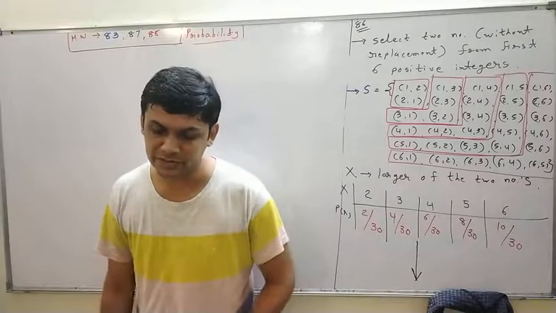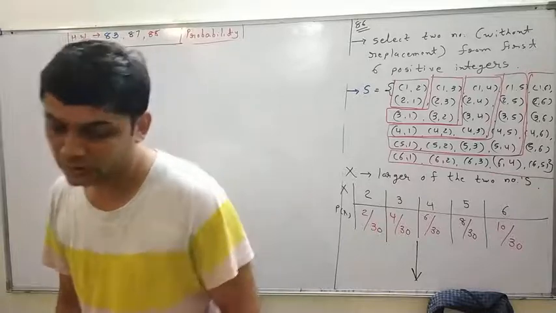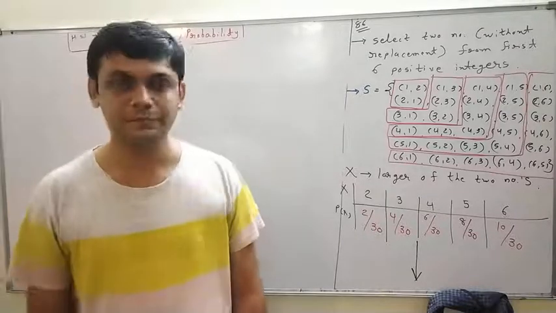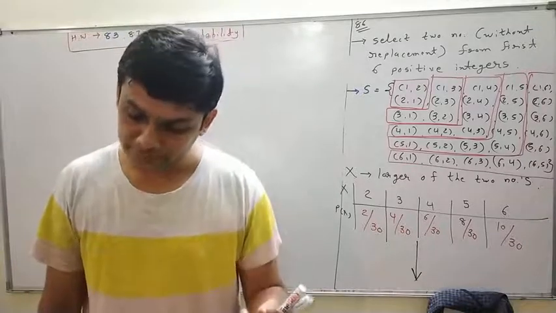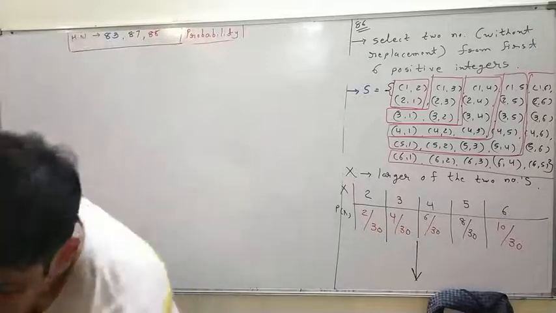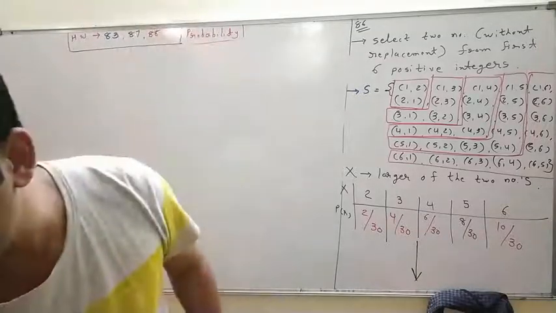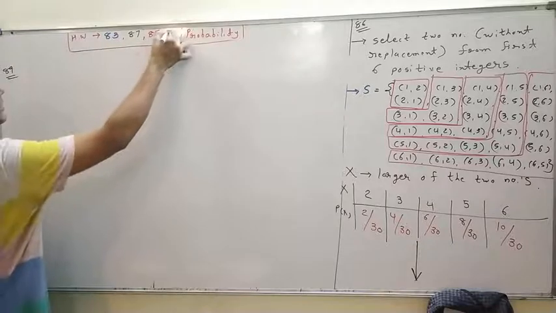Next question: find the mean of the numbers obtained when a die having 1 written on 3 faces, 2 on 2 faces and 5 on 1 face is thrown. 1 is on 3 faces, 2 is on 2 faces and 5 is on 1 face. You have to do the probability distribution for this question yourself as homework, I am just explaining the probability distribution.